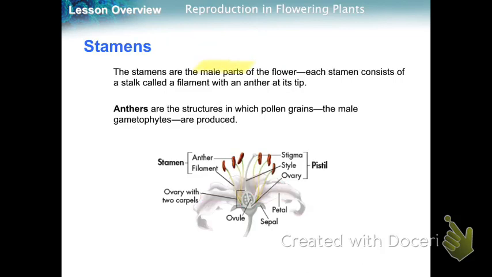Stamens are the male parts of the flower. Stamen is made of 2 parts, a filament and an anther. So the filament is the little stalk on which the anther rests. Anthers produce pollen grains, which are the male gametes.